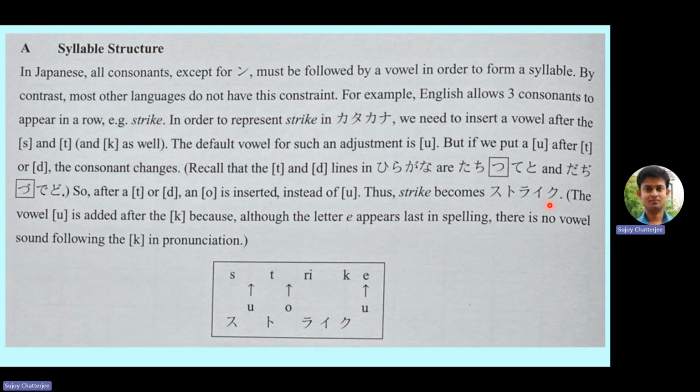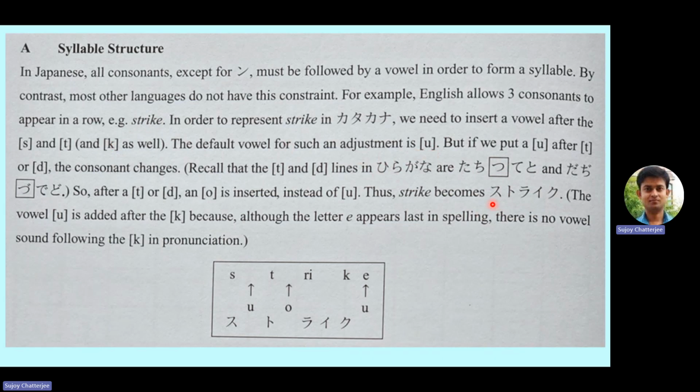We will use ku because although the letter E appears last in spelling, there is no vowel sound following the K in pronunciation. So it has to be treated as a single K. Assume that there is no E at the end because of the pronunciation. So in Japanese, it will be ku because of this rule that we use U for an adjustment.